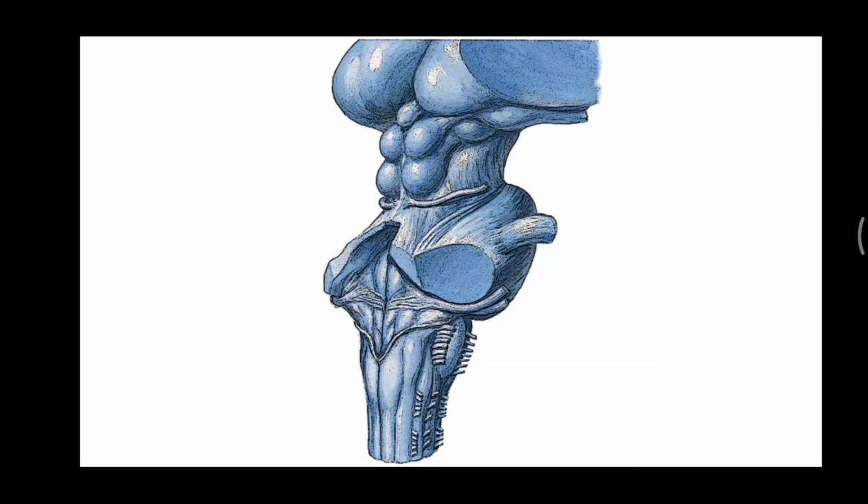This is a view of the brainstem from the posterolateral aspect to see one of the important structures, that is the restiform body, which is lying over this region.